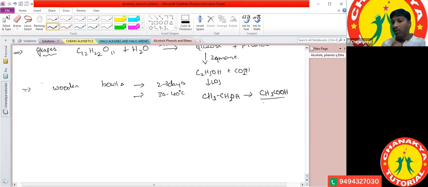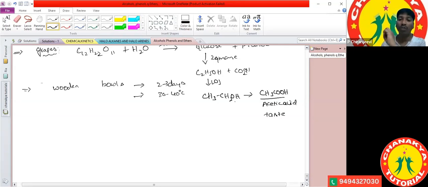Clear? Whenever it is converted into acetic acid, the taste changes. So after 2 days they immediately remove it and store it in bottles.